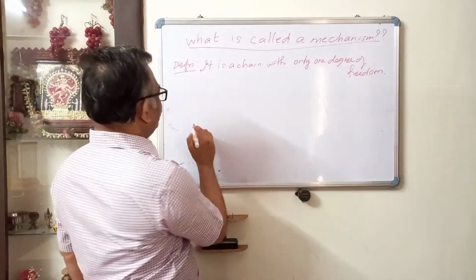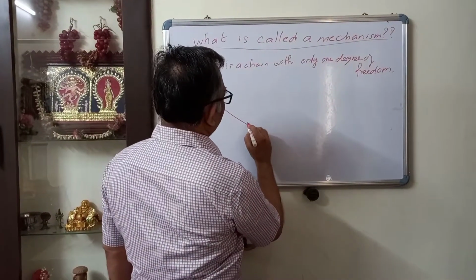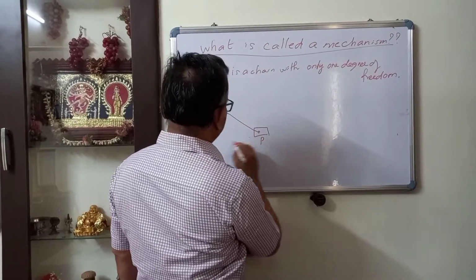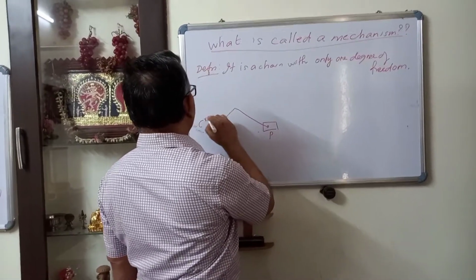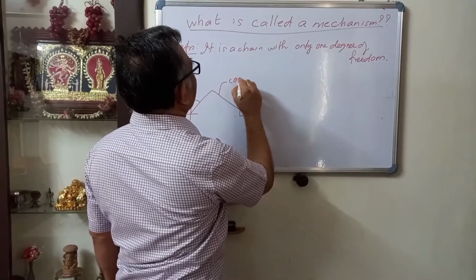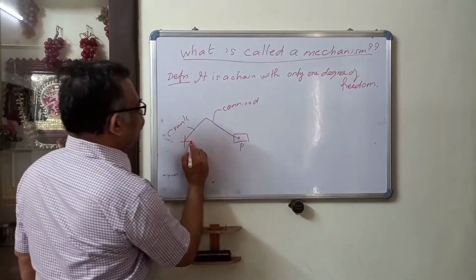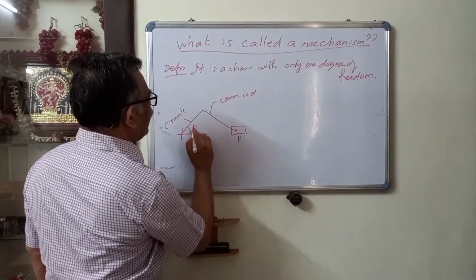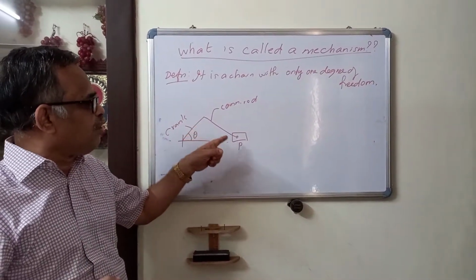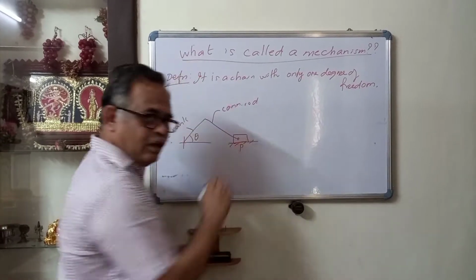That is, you take the case of IC engine. It will be like this. Here, this is a piston, this is a crank, this is a connecting rod. In this, let us assume for any particular angle theta, the position of crank, connecting rod and piston is fixed.